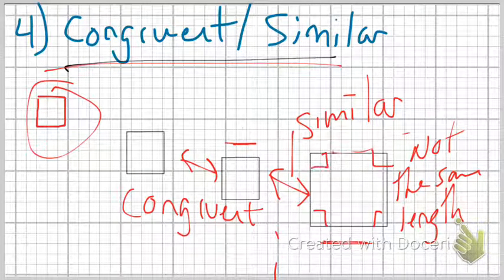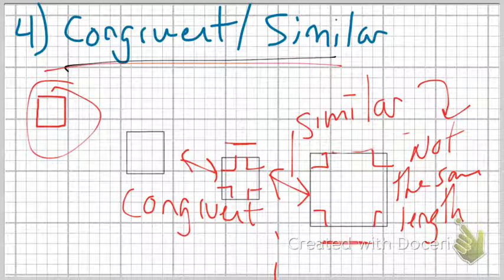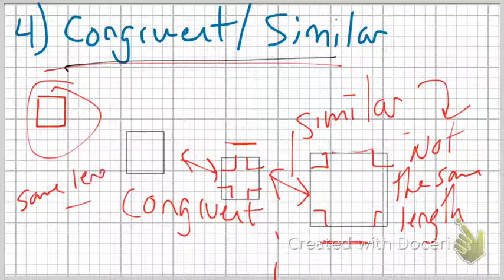Yes. So interior angles are all the same, but not the same length. So we can say that similar squares don't have the same side length. Congruent shapes have the same sides, and the same interior angles.